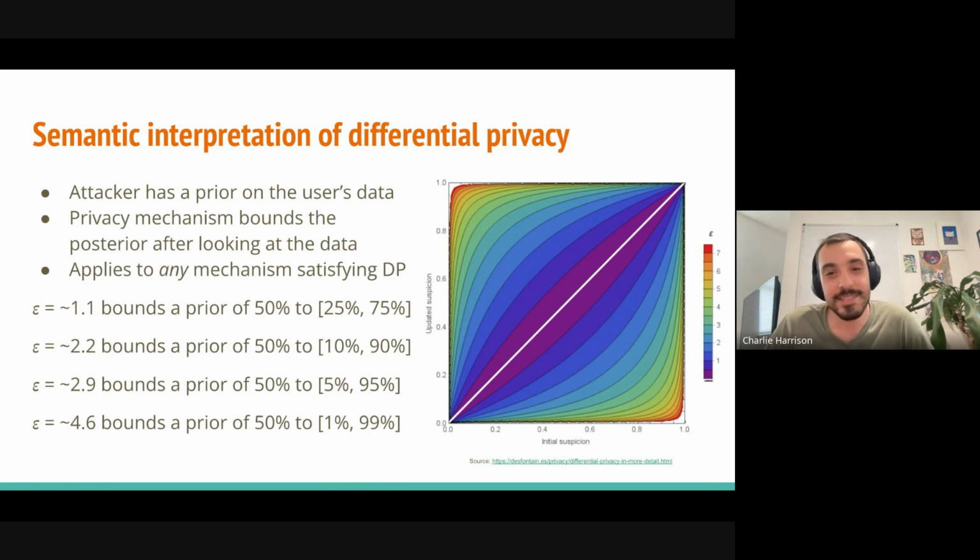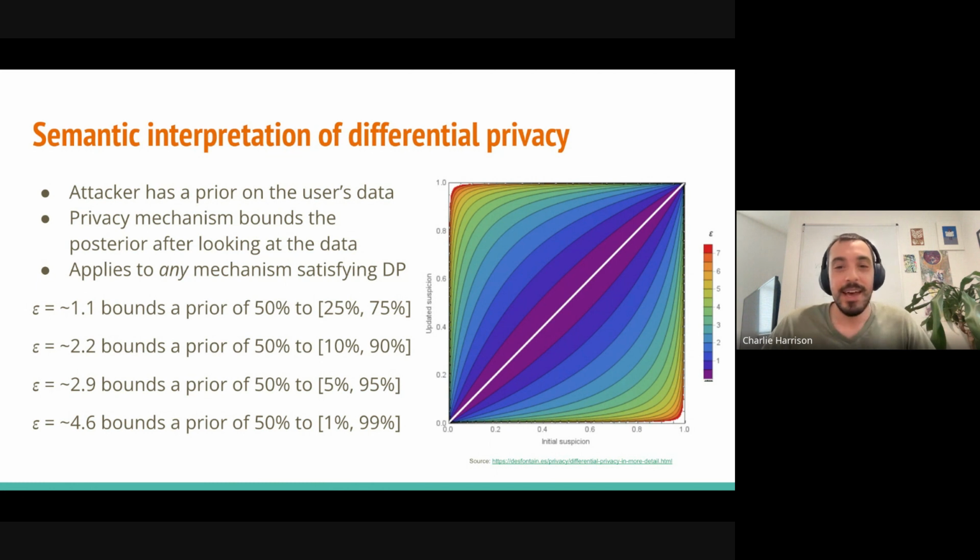This is the best interpretation that I have found, which is to look at this in a Bayesian sense: we have some adversary, and the adversary has a prior probability on whether you did the sensitive thing. Maybe your sensitive thing is whether your system is in a high entropy or a low entropy state. Maybe it's whether you have a particular disease or not.